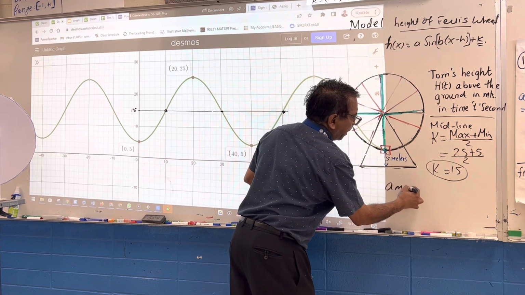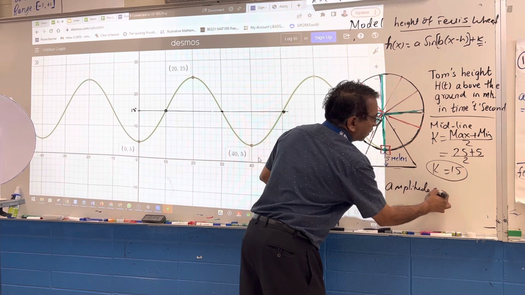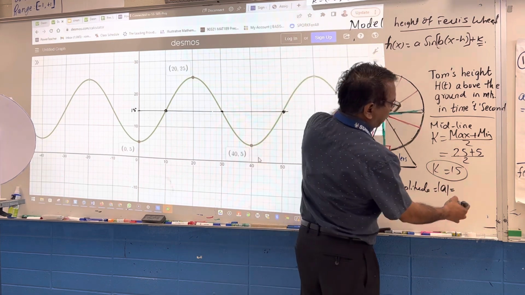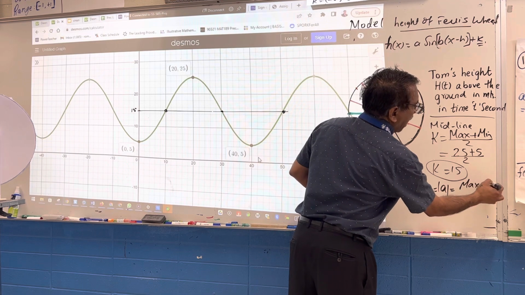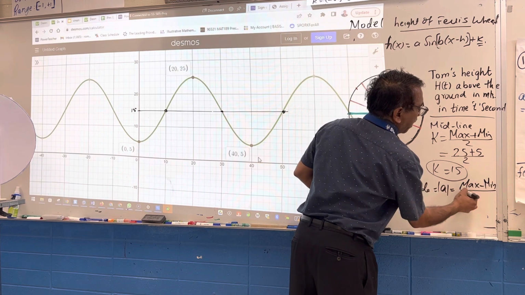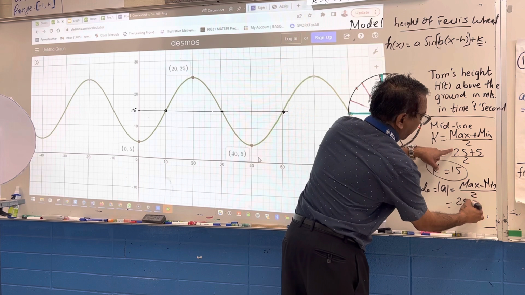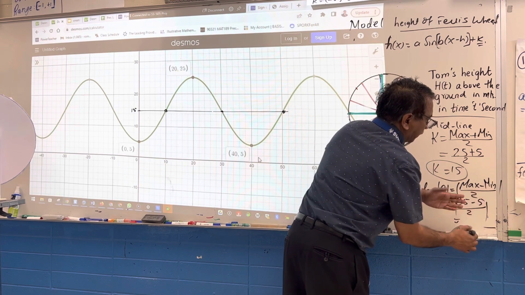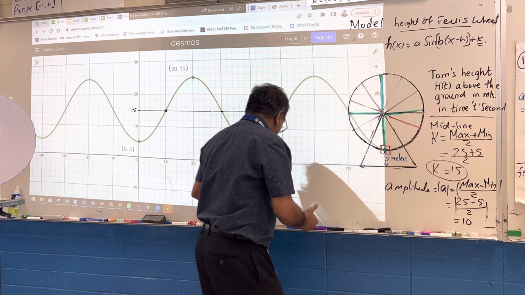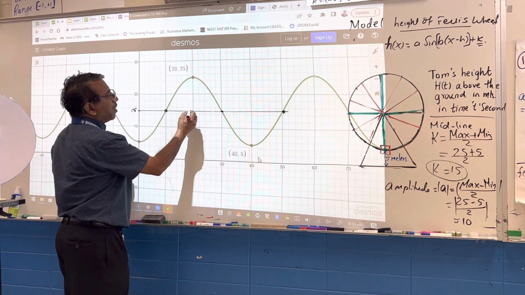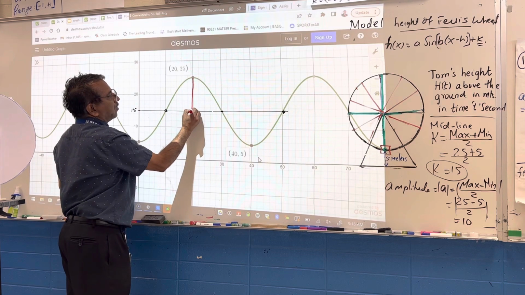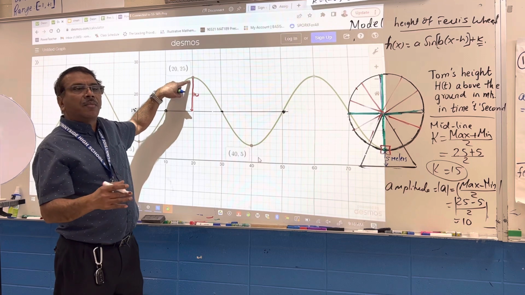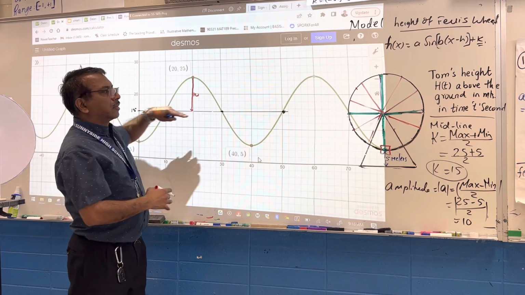The amplitude is the absolute value of A. In this case, it's the maximum minus the minimum divided by 2. So the maximum is 25 minus the minimum. If you work this out, you get 10. So what that basically means is, from this point, this is the 10. So the amplitude is the distance from the maximum to the midline.